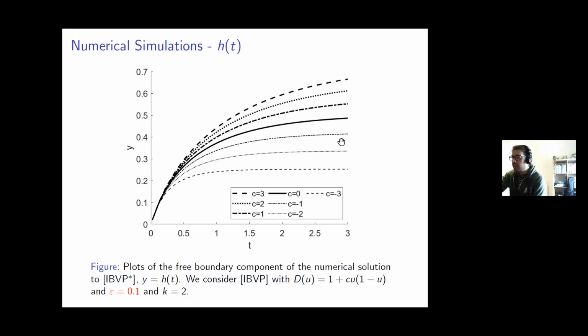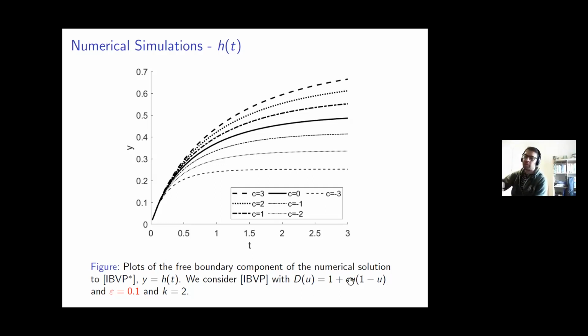The lowest 3 have done so, but the top ones haven't yet. By t equals 20, all the graphs have converged and flattened out. But for the purposes of illustrating the difference between them, I've only plotted up to t equals 3.